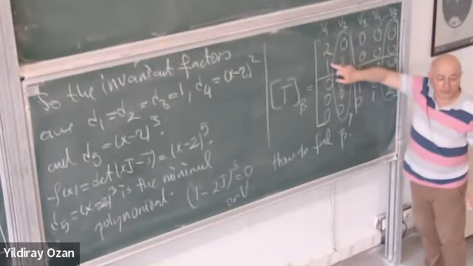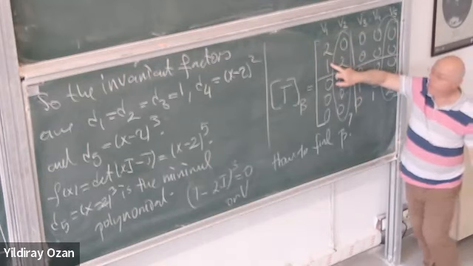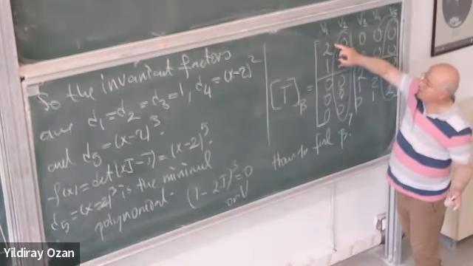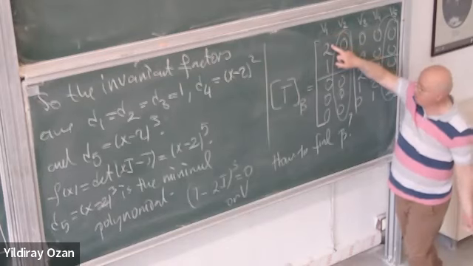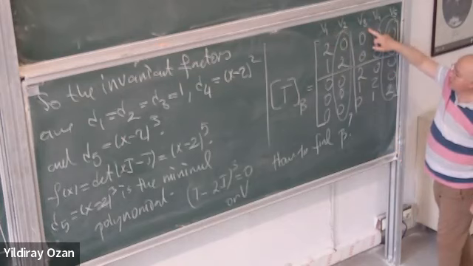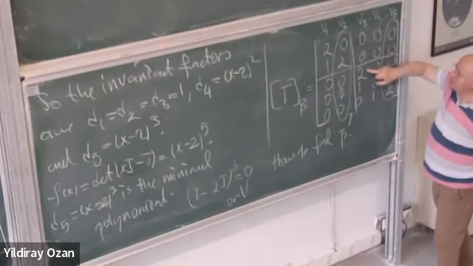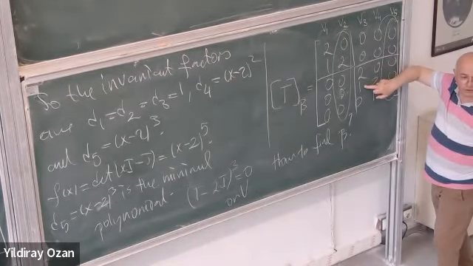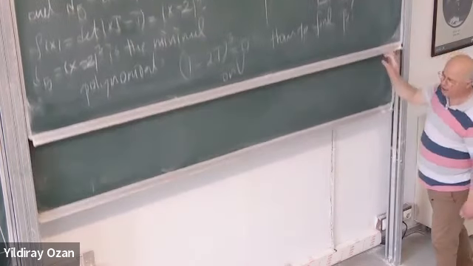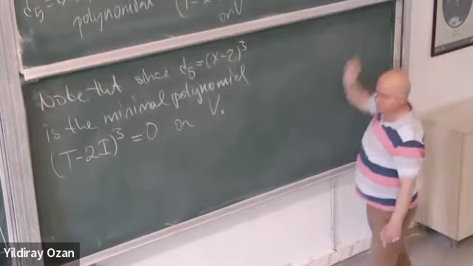What about the others? Well, they are not eigenvectors, because T applied to v1 is just 2 times v1 plus v2, and T times v3 is just 2 times v3 plus v4. So the others are not eigenvectors.